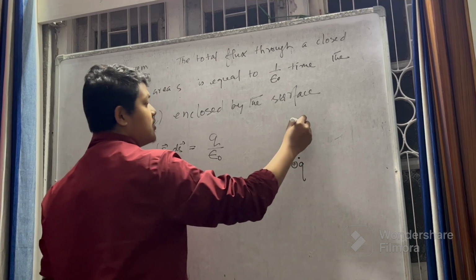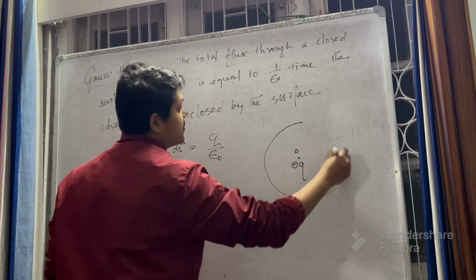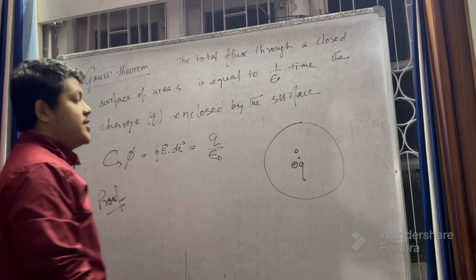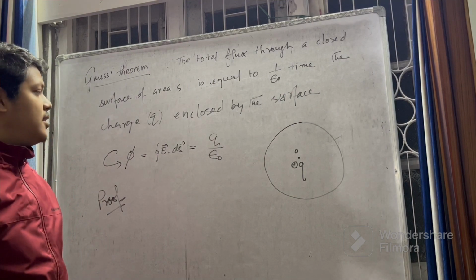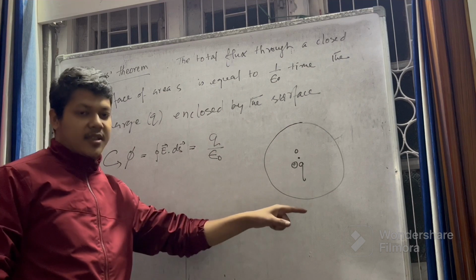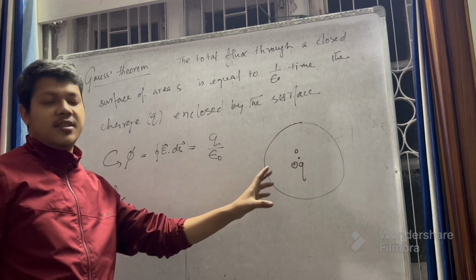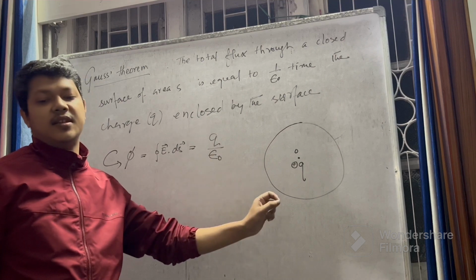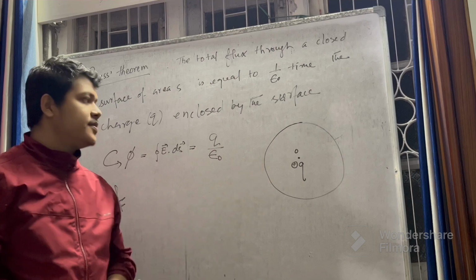So around it, let us have a closed spherical surface, let us say Gaussian surface. Gaussian surface means such a surface at each point on that surface, the electric field is same, right? Okay.